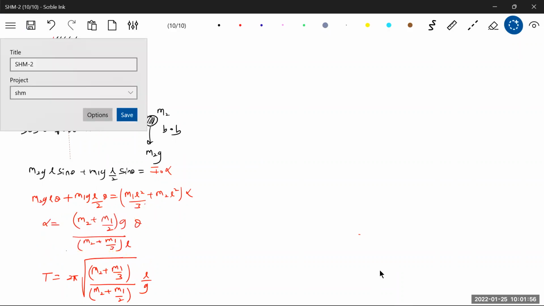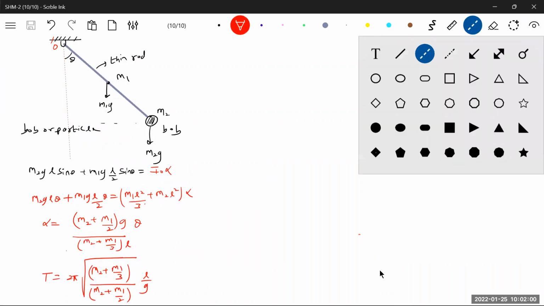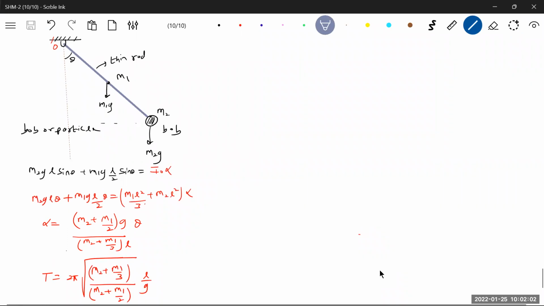And now, instead of that bob, if it's a circular disc, what do you do? Circular disc of radius r. I'm saying it will be a circular disc.